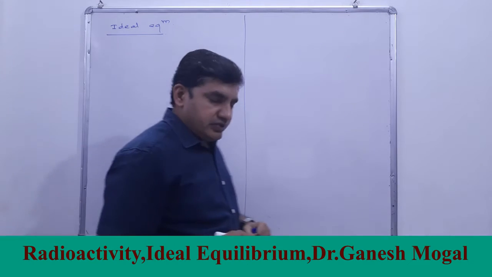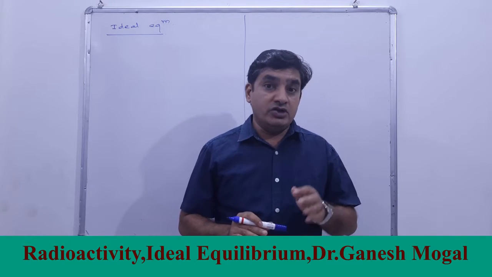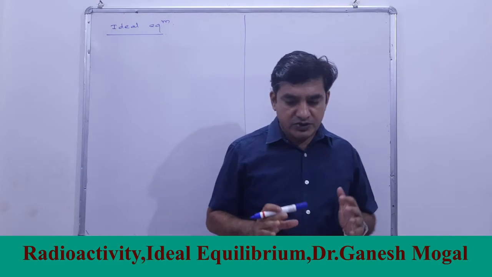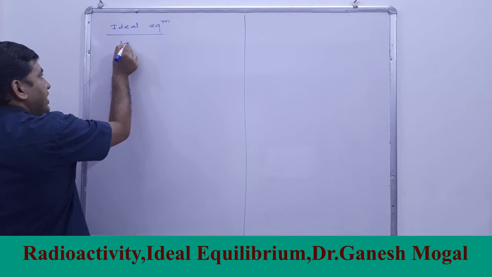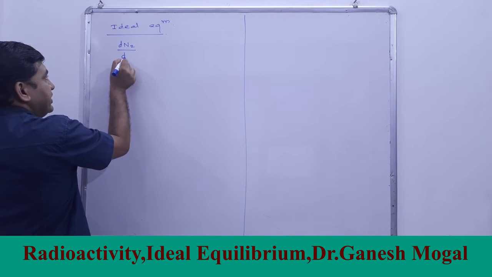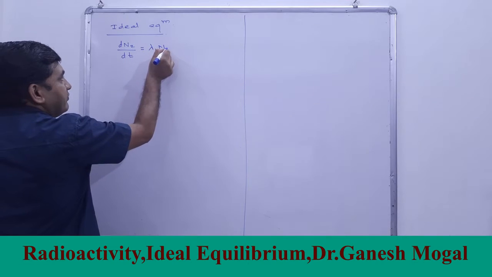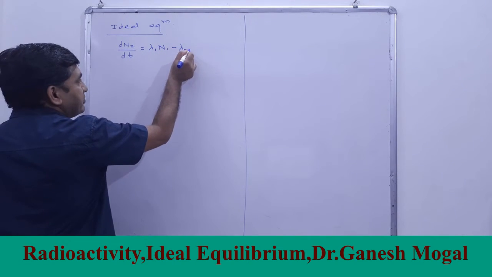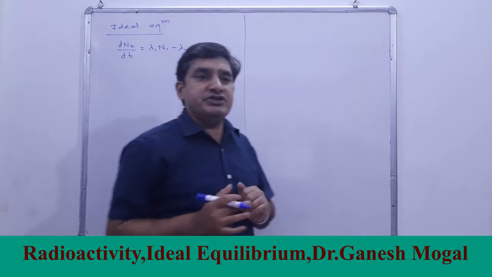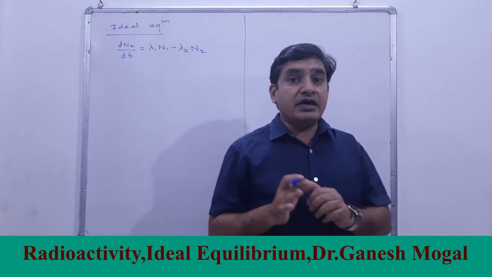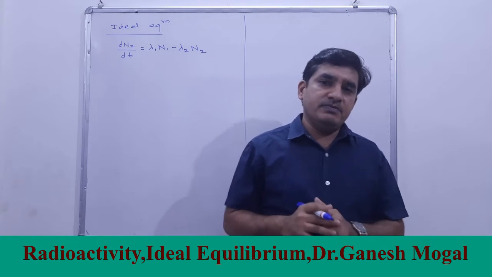We know that the rate of disintegration of a daughter nucleus or daughter atom can be represented as dN2 divided by dt, equal to lambda 1 N1 minus lambda 2 N2. This equation represents the rate of change of the daughter atom.